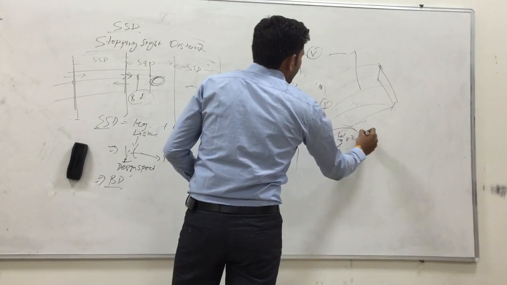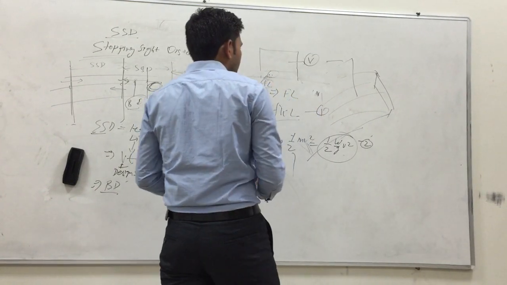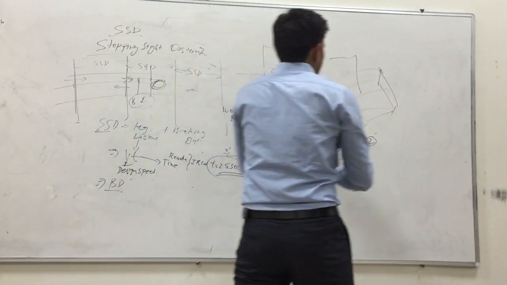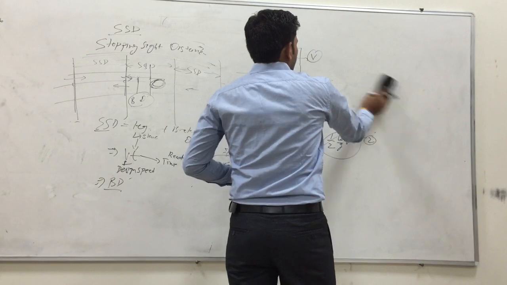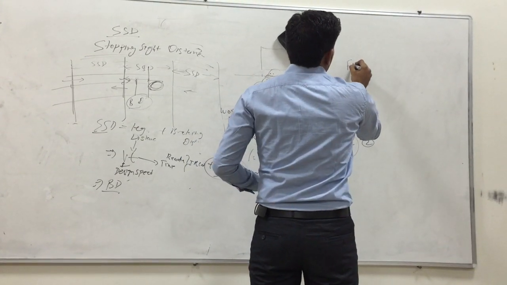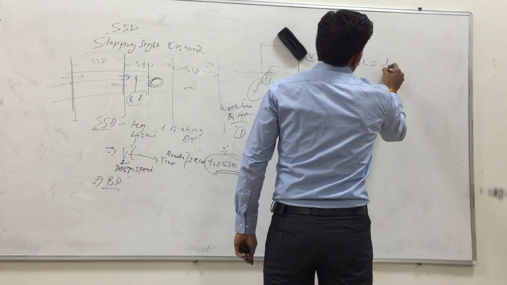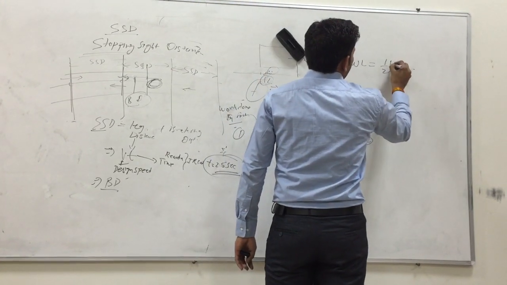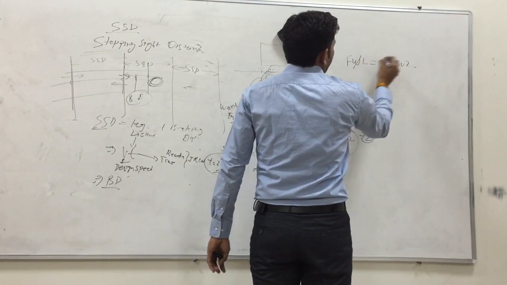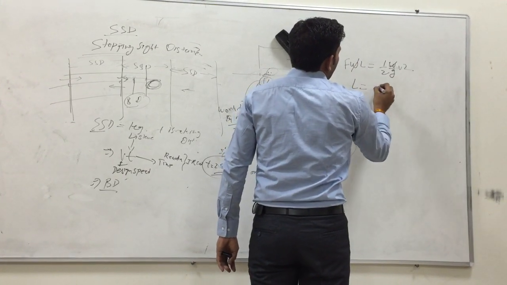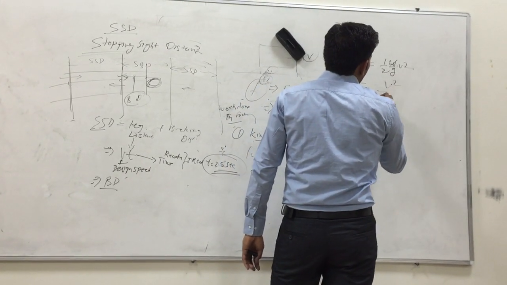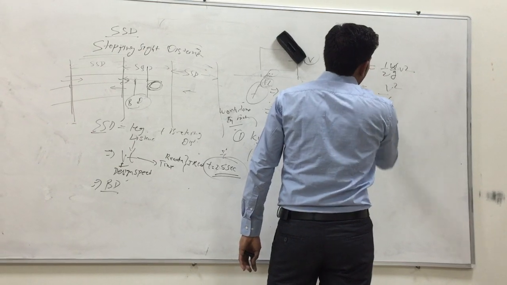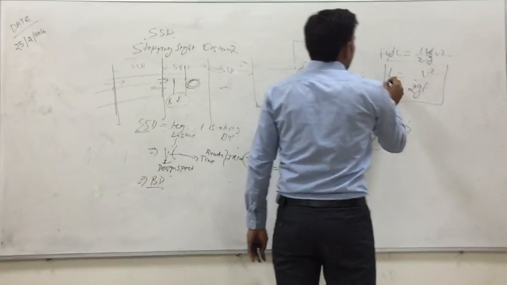So if we equate equation 1 and equation 2, that will be L equal to V square by 2 g f. This is the braking distance.